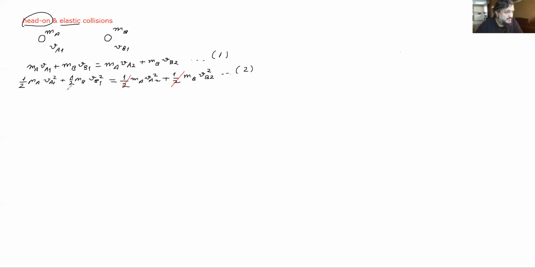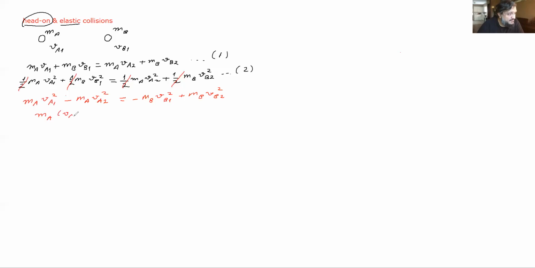And then collect the A terms on one side and the B terms on the other side, so that I have here ma va1 squared minus ma va2 squared, equals minus mb vb1 squared plus mb vb2 squared, okay? You can also factor the ma and mb.